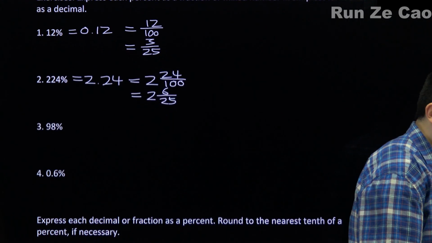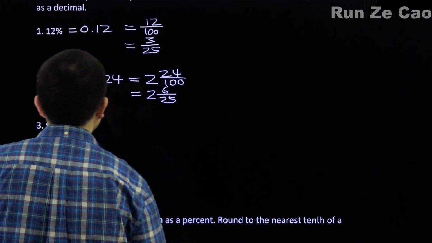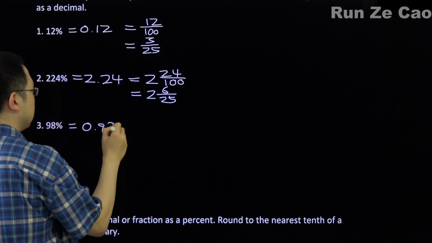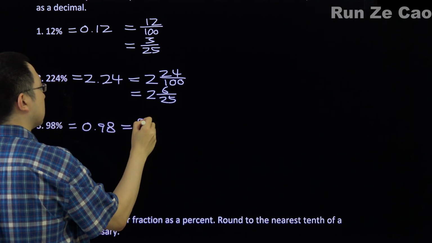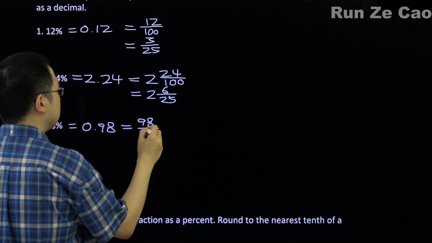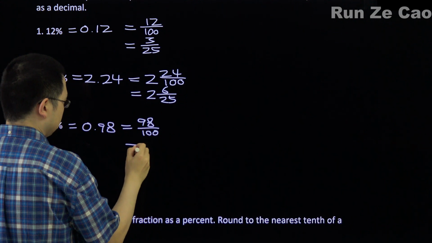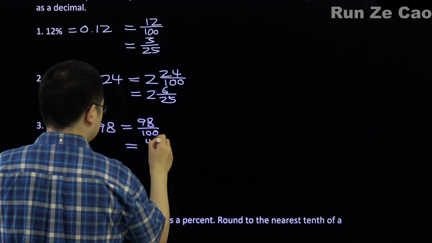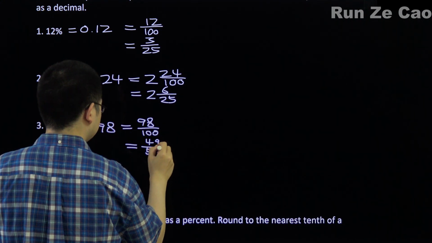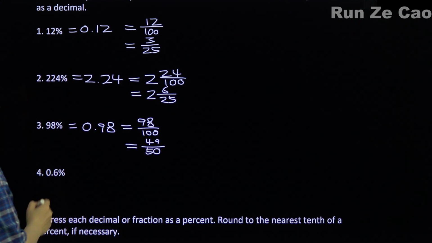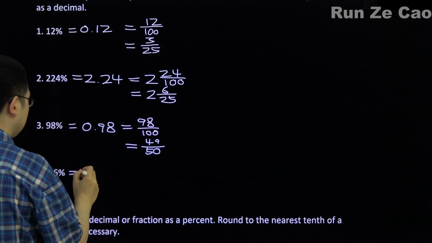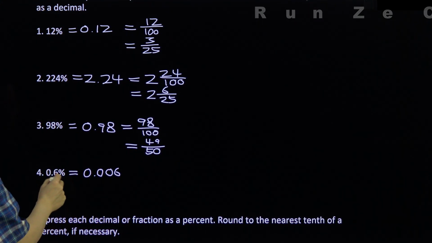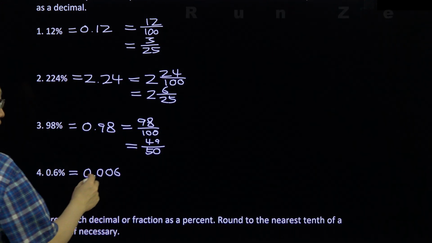Now, 98% is equal to 0.98, or 98 over 100, which is, of course, both of these are divisible by 2, so 49 over 50. 0.6%, that's equal to 0.006, because percent is divided by 100.